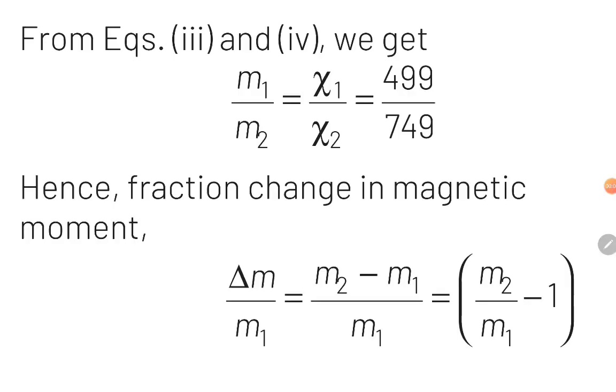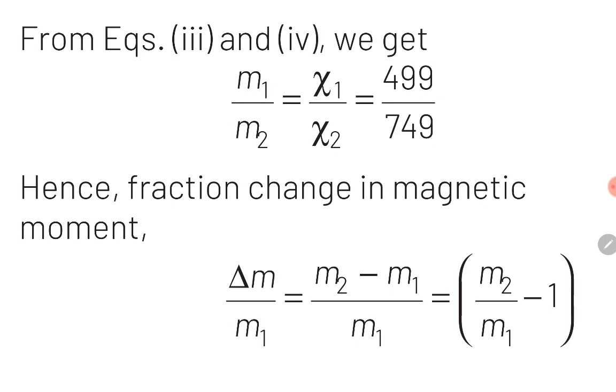Yes students, you can observe here that magnetization is directly proportional to magnetic susceptibility. This means the magnetic dipole moment developed in the core material will be directly proportional to the respective magnetic susceptibility. Therefore the equation will be m1 upon m2 is equal to chi1 upon chi2.